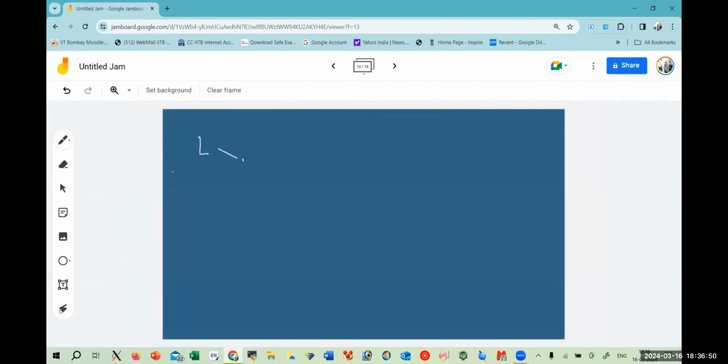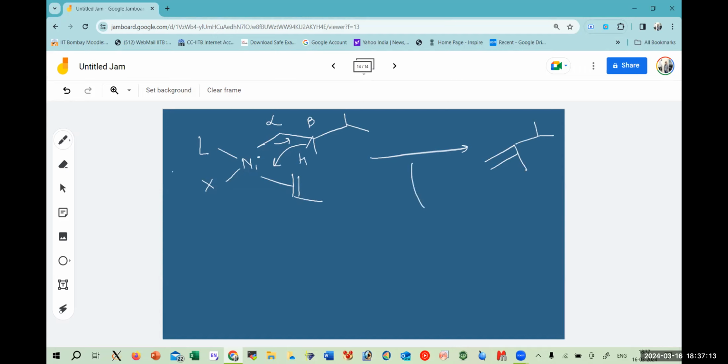What we have formed is nickel X. This is alpha, this is beta. It would give you your product and release L nickel hydride again.